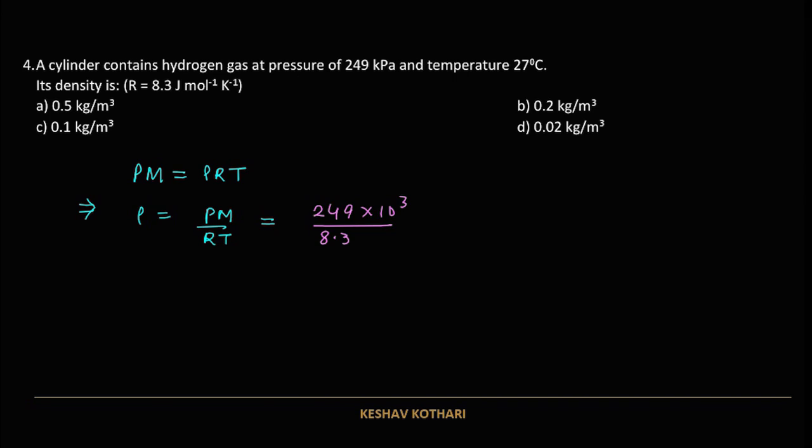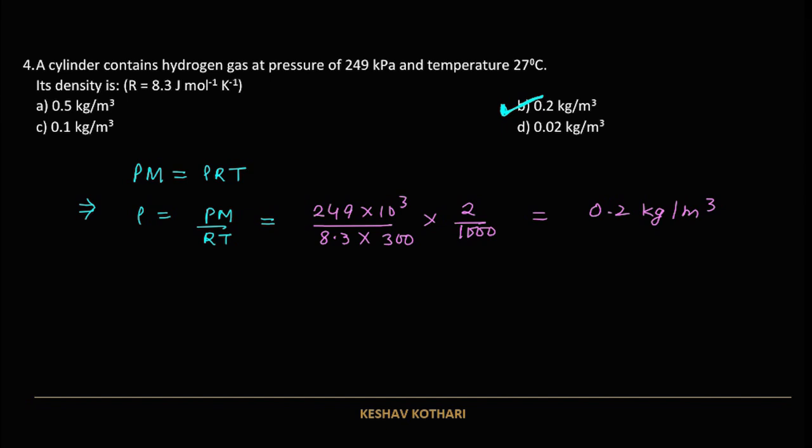The temperature must be in Kelvin, so it is equal to 300, and the gram molecular weight can be written as 2 kg per kilomole, that is we divide by 1000 over here, and the answer that we obtain is 0.2 kg per meter cube. So in this particular problem, option B is correct, that is 0.2 kg per meter cube.